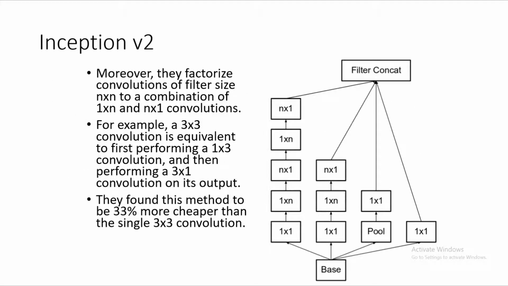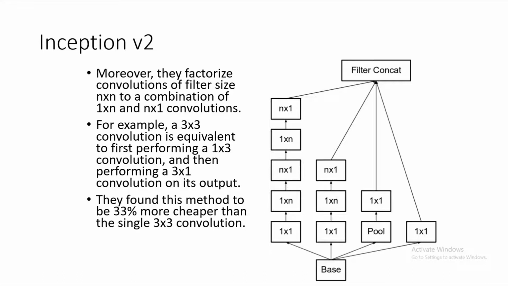Like here, what they have done is they factorize the convolutions of filter size n by n. Suppose it is n by n, then this n by n is factorized into 1 by n and n by 1 convolutions.